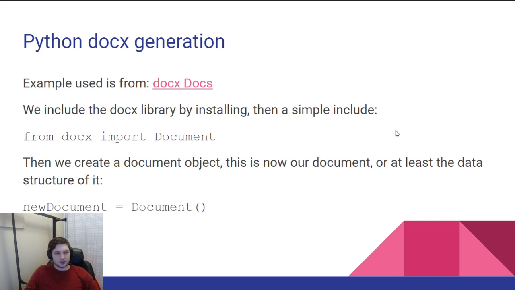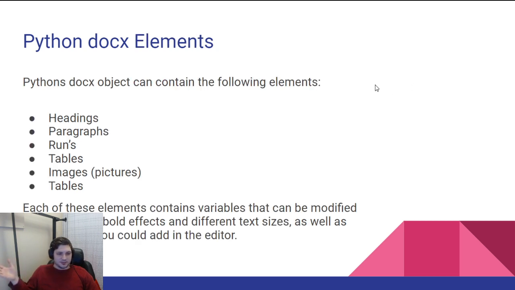So Python's docx generation. There's a link for some documents there. It's quite simple. We import from docx, we import the document file, and then we create a document object, just like you would any other object-oriented programming through Python. And then once we have that document object, we simply add elements to it.